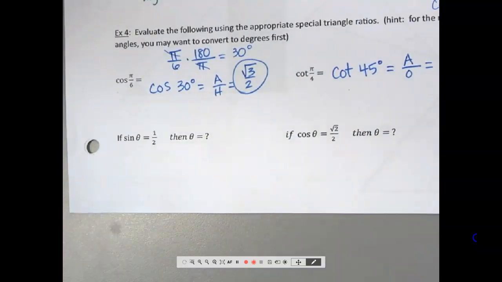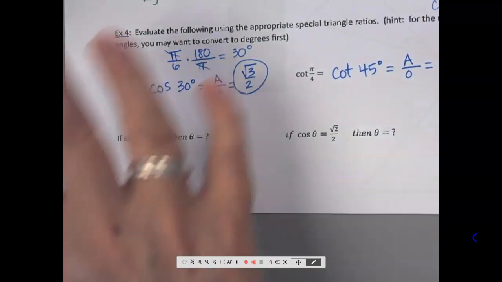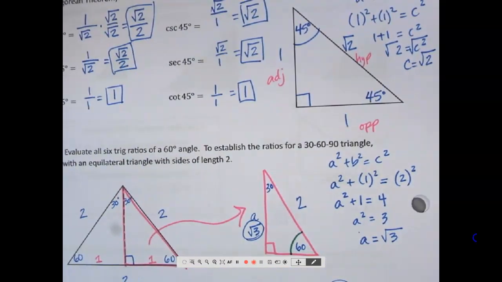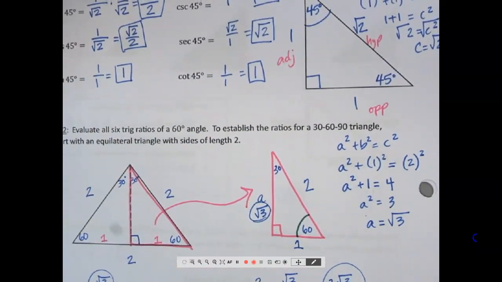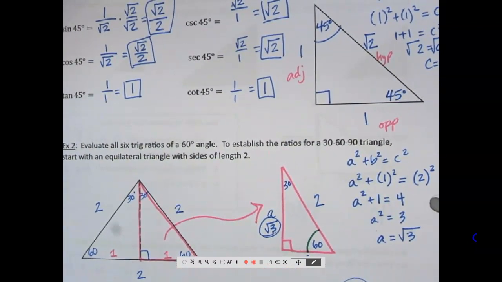What if I told you there's some angle that I'm thinking of, and its sine is 1/2? What is the angle? First of all, it's going to be one of these two triangles. Your answer is going to be found in these two triangles. Can you tell which one it would come from, just based on the number 1/2?